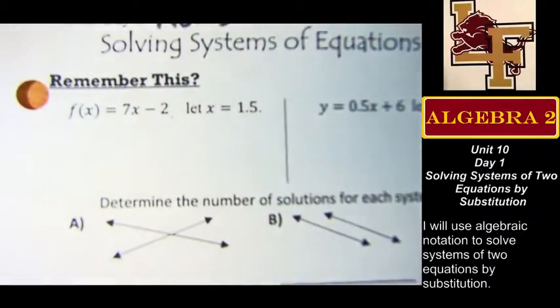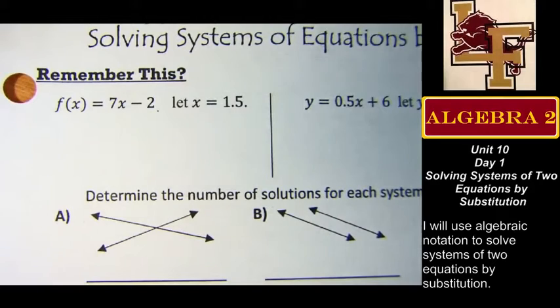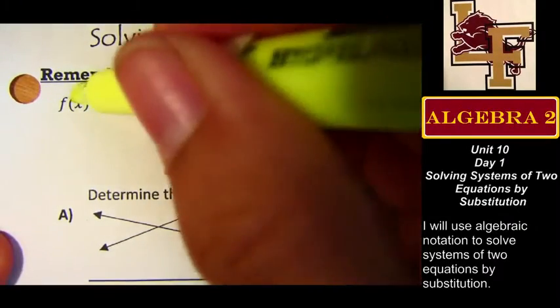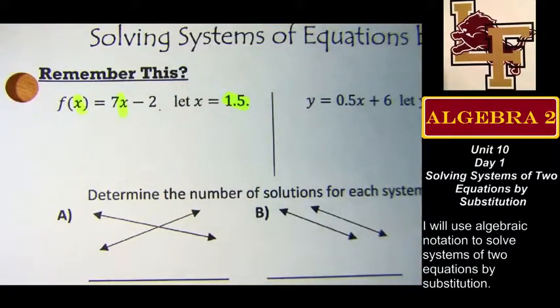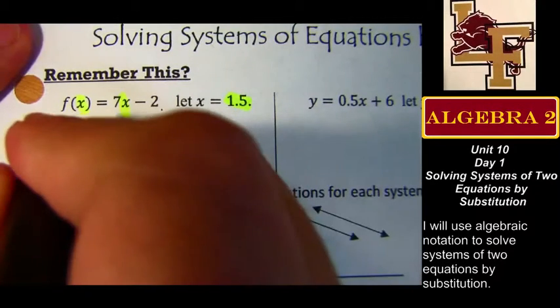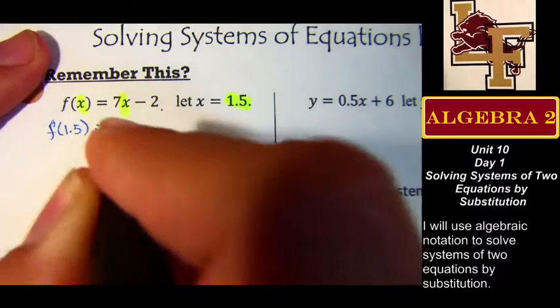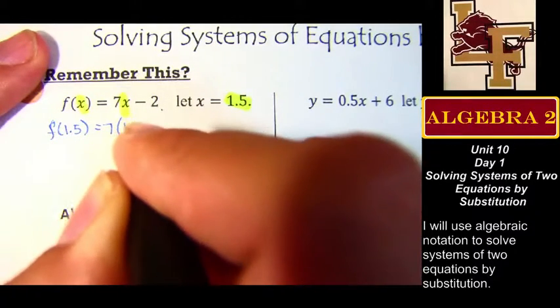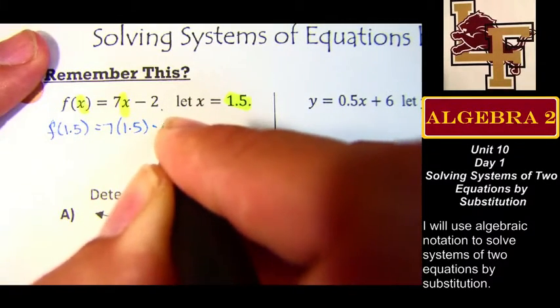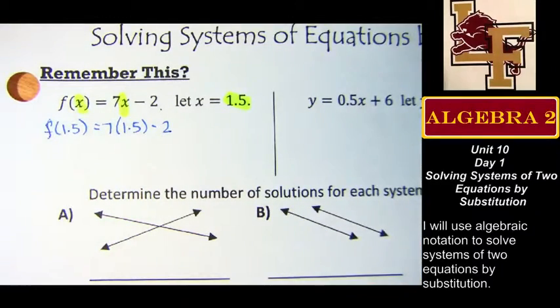So let's start with this. When you see this, what do you think? The first one's easy. What do I do? You just substitute the 1.5 and put it where the x is, so you multiply. Perfect, let's do that. So f of x becomes f of 1.5 equals 7 times 1.5 minus 2.